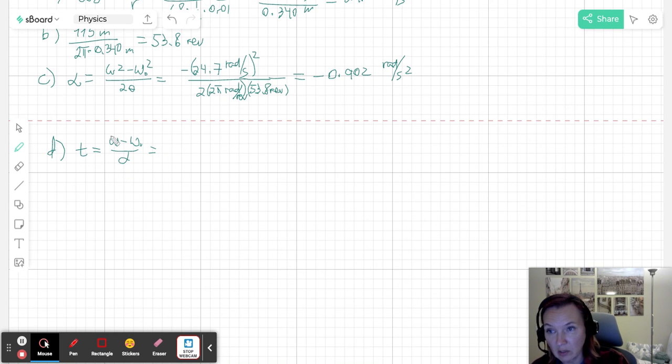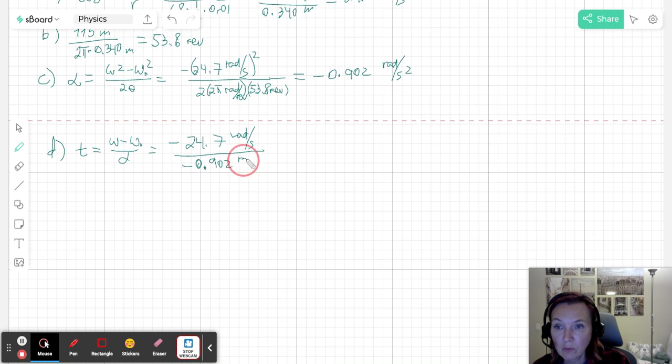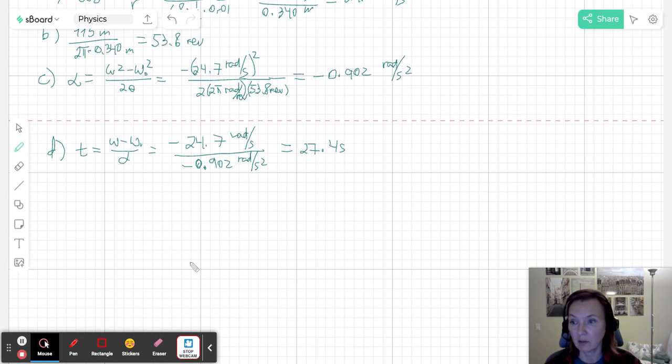Omega is 0, omega 0 is 24.7 radians per second, and we're dividing by alpha, which we just figured out was negative 0.902 radians per second squared. The negatives cancel out, so the time is going to be positive 27.4 seconds. That's it.